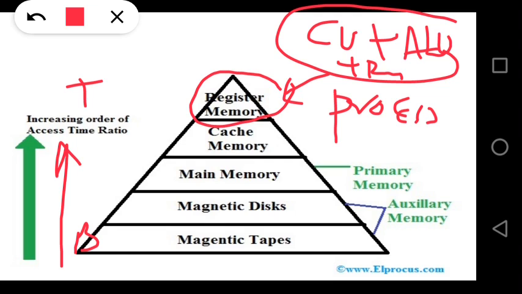So the access time is definitely low. Next, when you compare with a cache memory, the access time is a little bit increased. So by this way, the access time is very high when you go to the bottom. It is very low when you go to CPU registers.